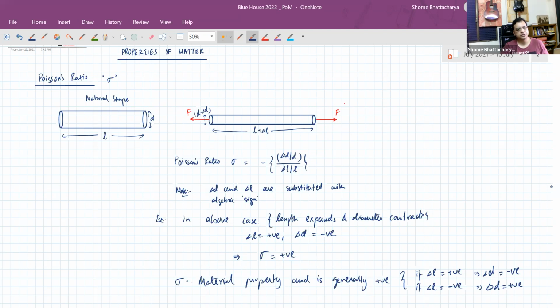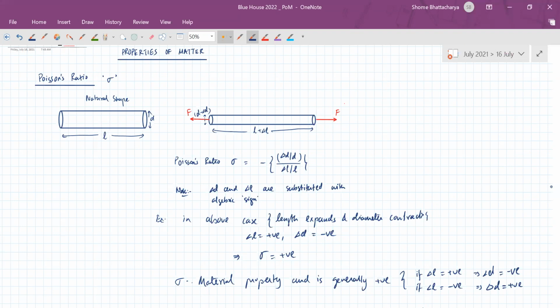That's how the volume is behaving. Sir, when Poisson's ratio is positive, in that case also the density will change. Yes, the density of materials do change under stress and strain.